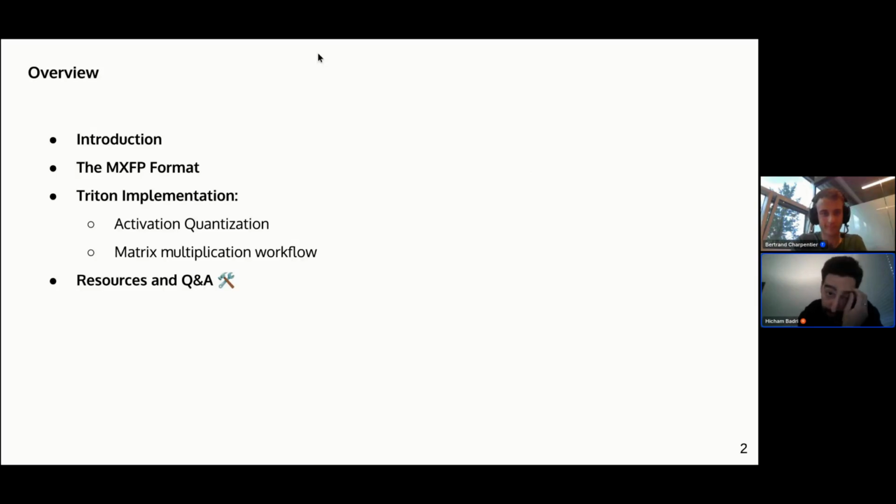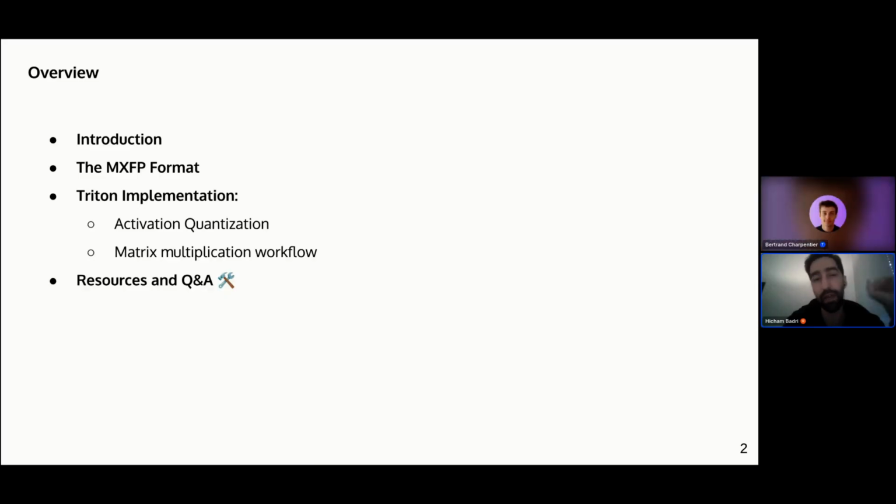Overview. I'm going to start with the introduction. Then we are going to talk about the standard MXFP format. We are going to talk about the difference between MXFP4 and NVFP4, what is really the deal with these scales, and what is the difference in the dtypes of the scales that makes the big difference between MXFP4 and NVFP4, for example. Then we are going to jump in and talk about Triton implementations.